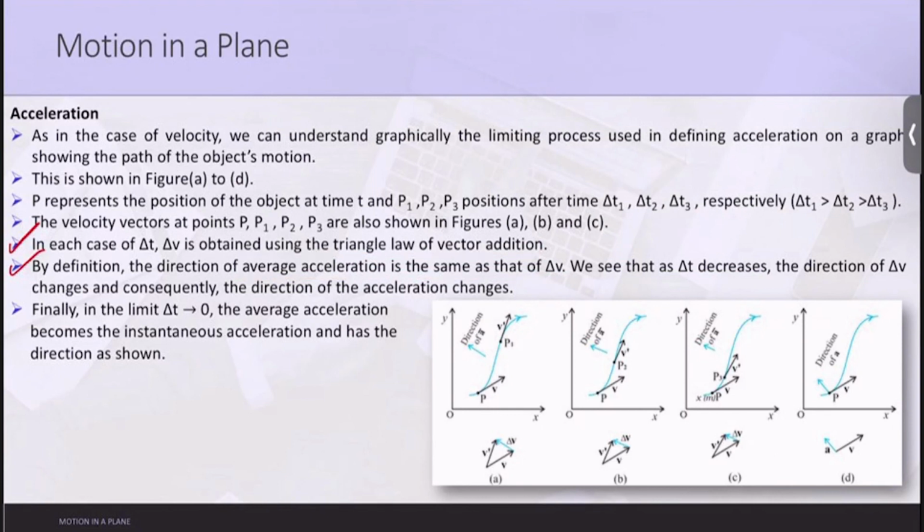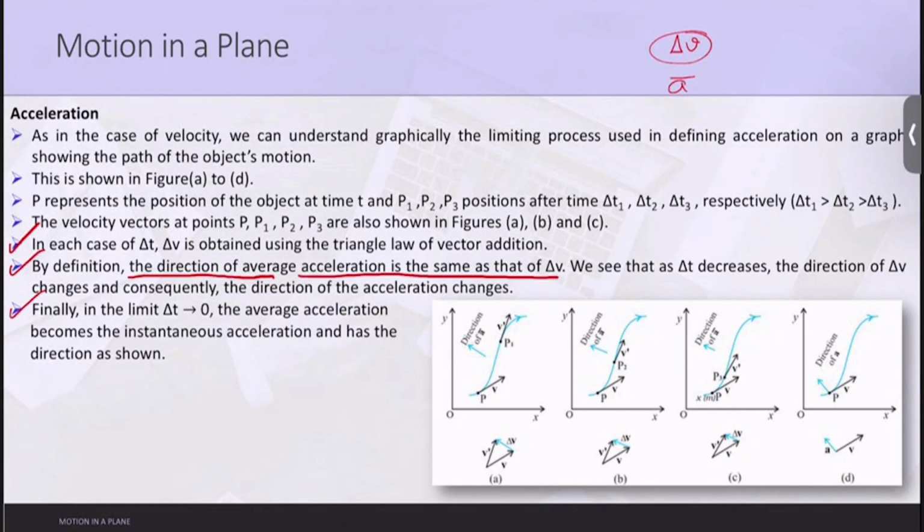Quite evident: if the direction of delta v is changing, then the direction of a bar will also change. Why? Because by definition, the direction of the average acceleration is the same as that of delta v.